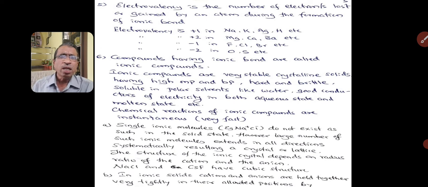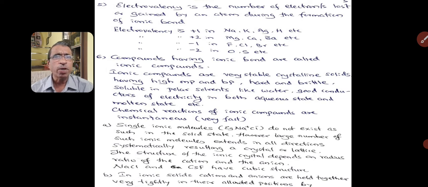Now coming to another term, electrovalency. Electrovalency is the number of electron or electrons lost or gained by an atom during the formation of an ionic bond.